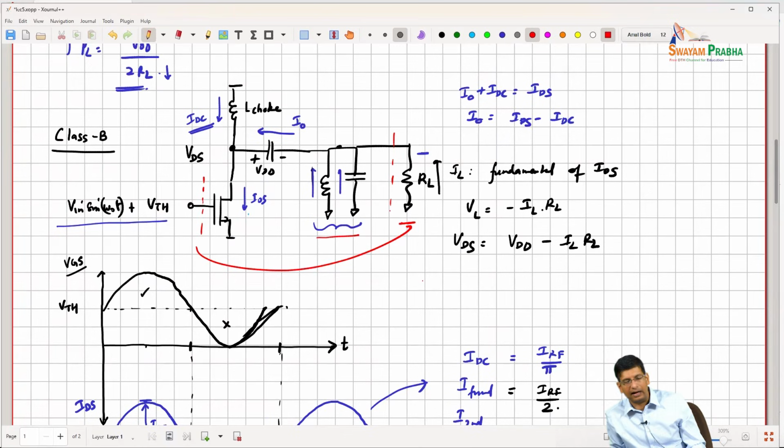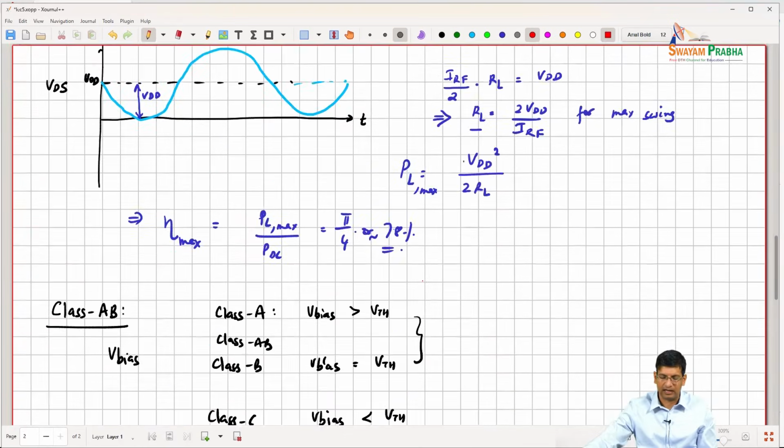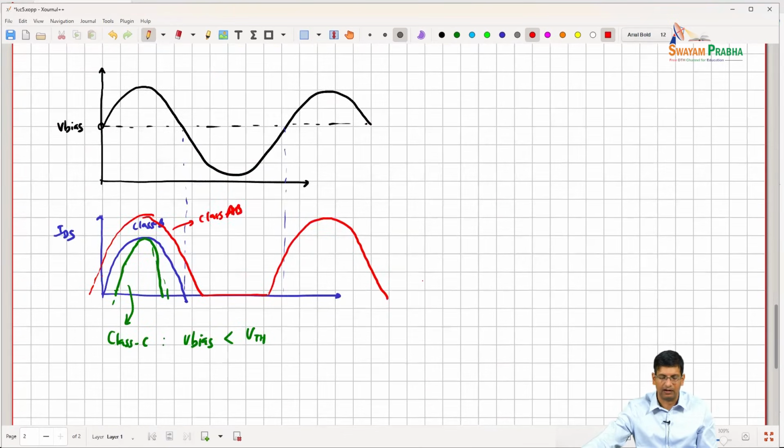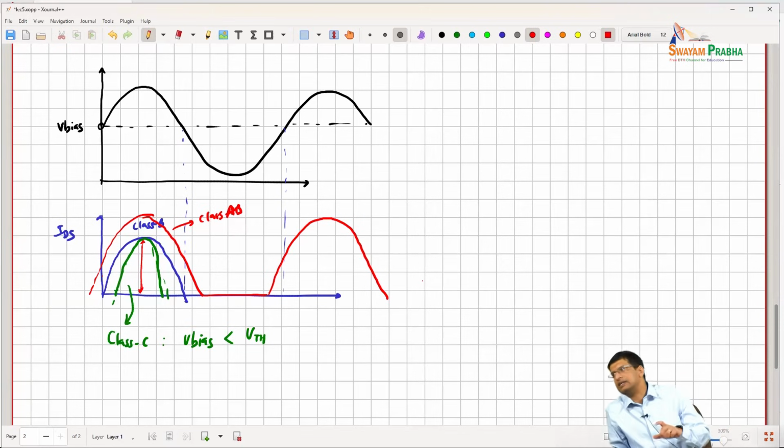And intuitively you can see here that when we have class B, class C or even class AB design, the DC current increases in proportion to this amplitude. Since the DC current increases in proportion to this peak current, we basically have some scaling of power happening. The DC power scales with the output power to some extent.